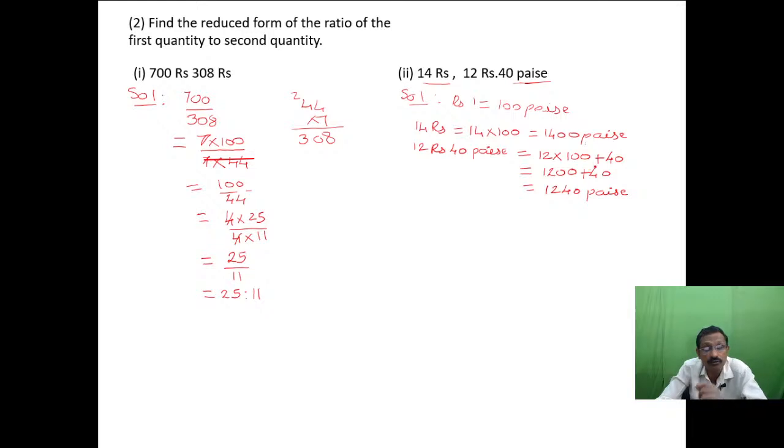Now here we have to find the ratio. They told us to find the ratio of the first quantity to the second quantity. So to find the ratio of the first quantity to the second quantity, let us write ratio of 1400 paise to 1240 paise.